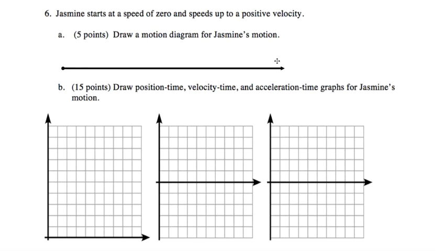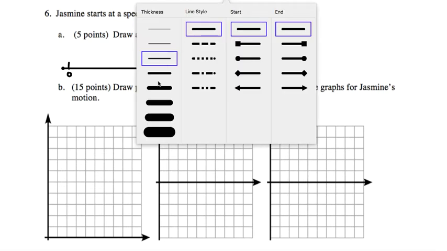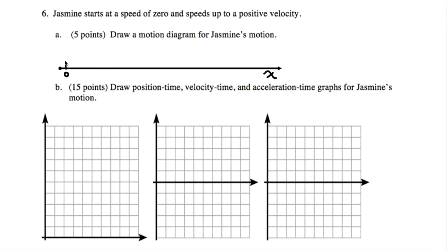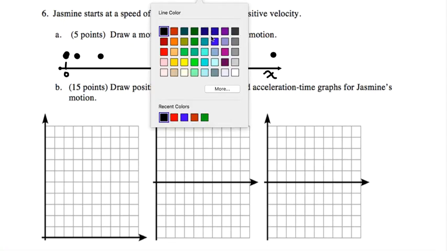Okay, so we have our axis. You have to label your axis once again, so make sure you have a 0 and an X. It's saying that she starts at a speed of 0 and speeds up in the positive direction. If that's the case, then we start here with our dots close together. They get further apart as it goes to the right. Then we have arrows connecting those. These are called our velocity arrows.